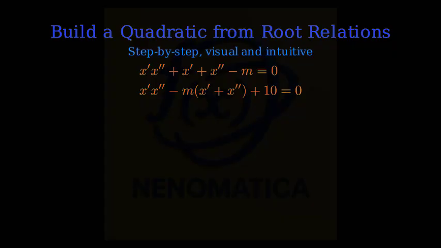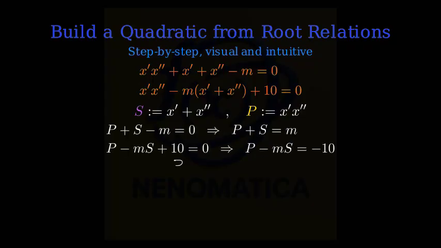Our unknown parameter is m. The actual roots are x prime and x double prime. A very helpful move is to name the sum and product of the two roots. Let capital S be x prime plus x double prime, and capital P be x prime times x double prime. Substituting these into the two equations will give us a simple linear system in S and P. We now solve this 2 by 2 system.